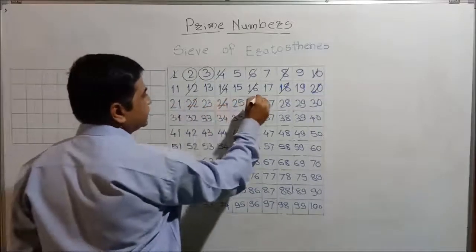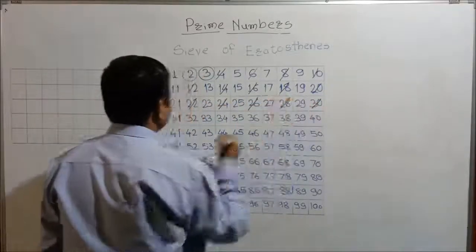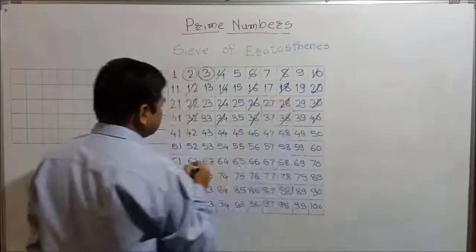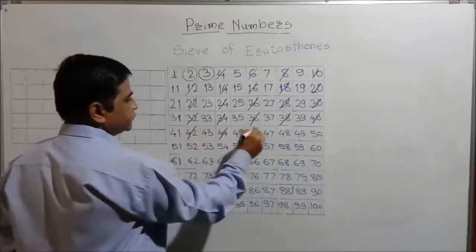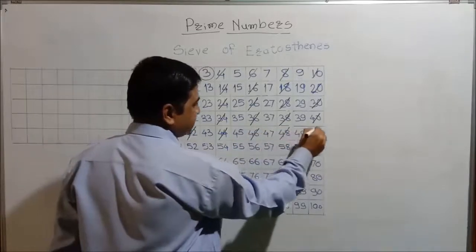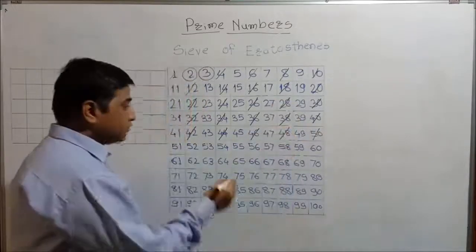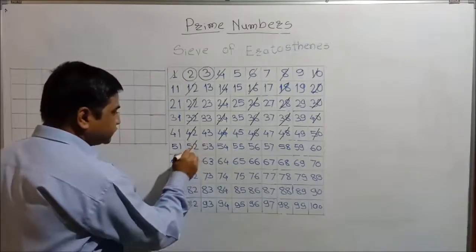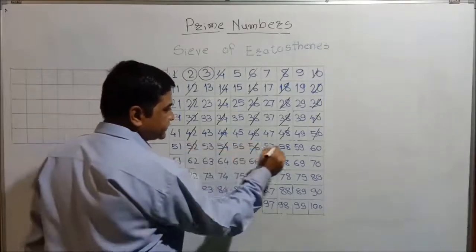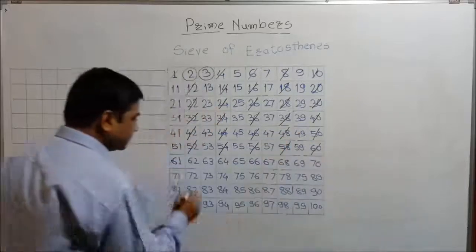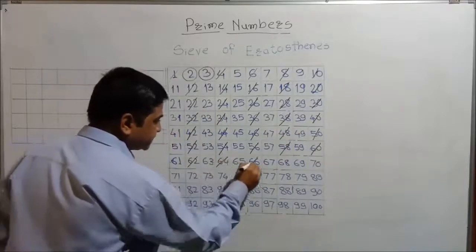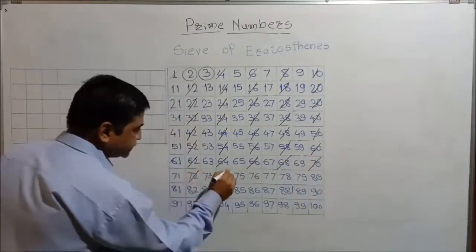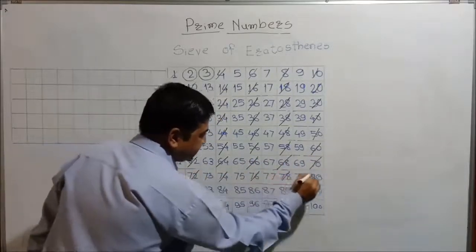22, 24, 26, 28, 30, 32, 34, 36, 38 and 40, 42, 44, 46, 48 and 50. What are the next numbers we have? They are 52, 54, 56, 58 and 60, 62, 64, 66, 68 and 70, 72, 74, 76, 78 and 80.